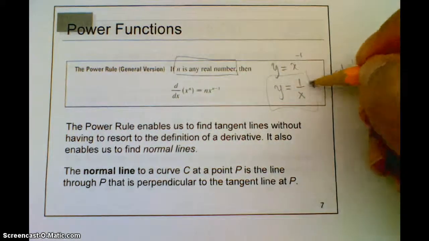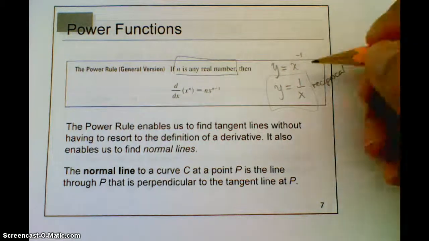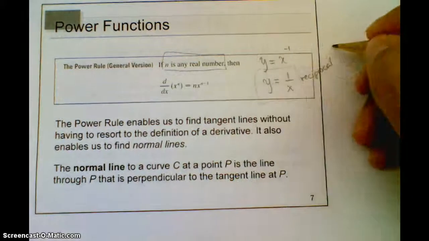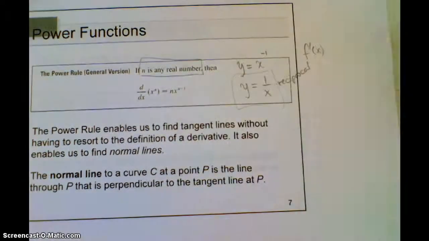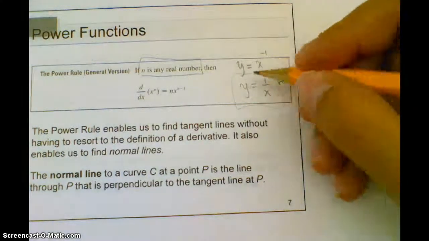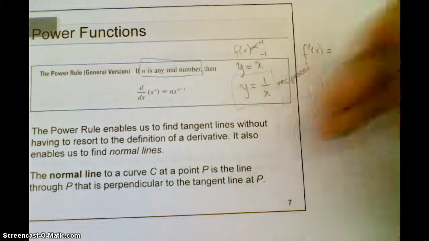So this is a reciprocal function, or a rational function more generally speaking, but still, if I'm trying to find the derivative of this, I can still do it by using this useful rule. So what would be f prime of x if f of x is x to the negative 1?